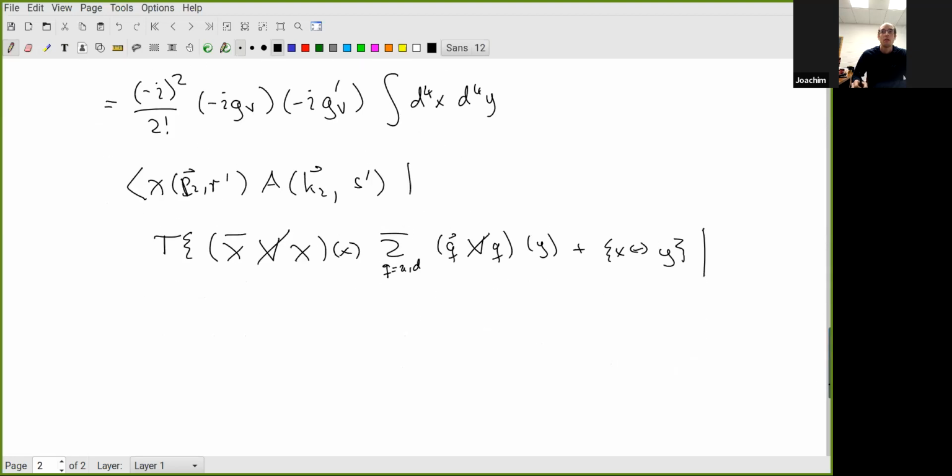And then, sorry, we have the initial state, which is the chi with an initial momentum P1 and spin component r, and the nucleus with initial momentum K1 and spin component s. Okay, very good. So that's just the standard procedure for how to write down this matrix element, and now we need to calculate it.